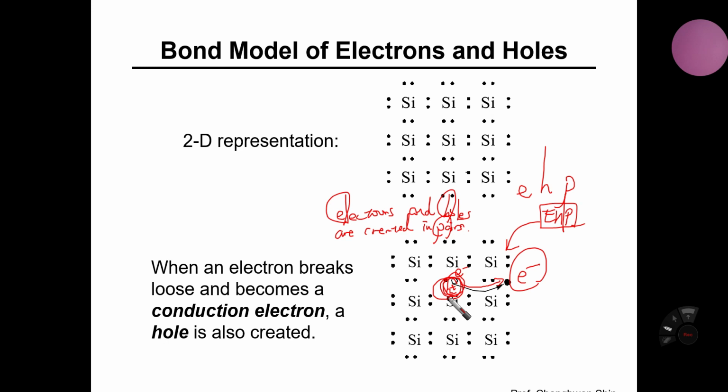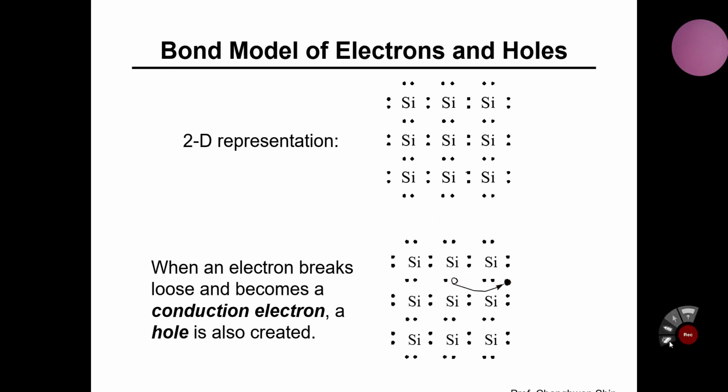At room temperature, electron-hole pairs are created, which means once a single free electron is created, we always have one more hole. So electron and holes are created together in pairs. People say that EHP has been created. So in this bonding model, this process indicates how the EHP are created.